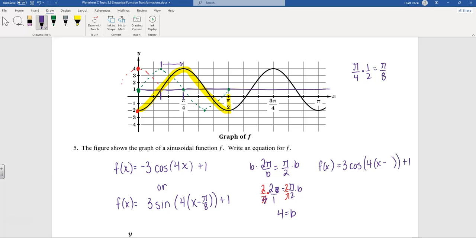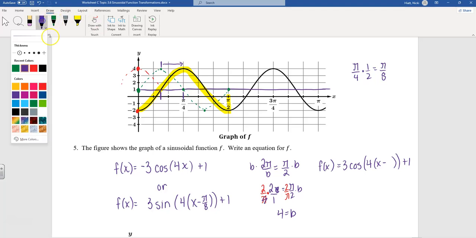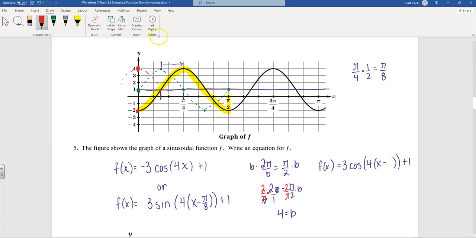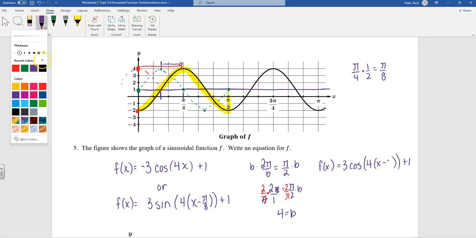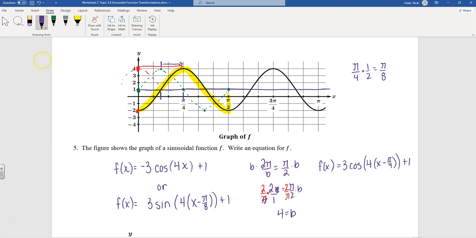You don't want to do 3, because 3 is not really 3 on our X coordinates here. So if I'm thinking of that red graph right there, and I want to shift it all the way over here, it is 3 tick marks, but those 3 tick marks are pi over 4. So you can do that, but it would need to be a pi over 4 right here. And that would be fine also. That would give you the same graph.